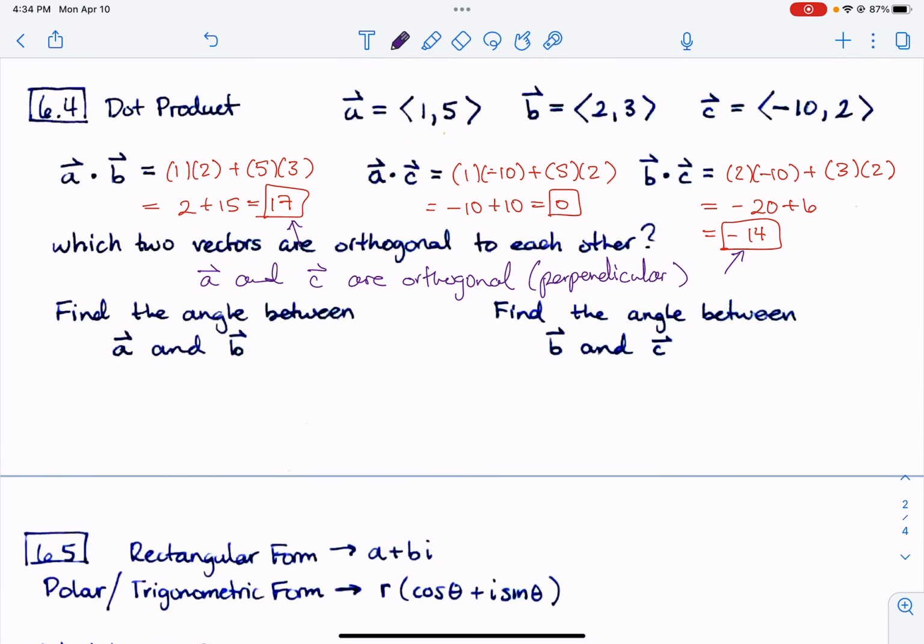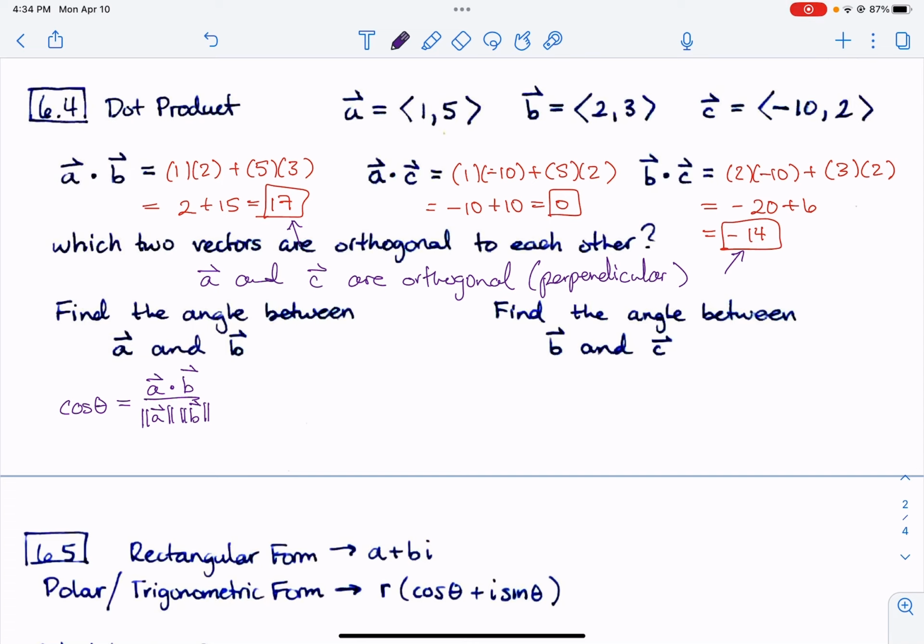Let's find the angle between A and B. What was the formula? The formula was cosine of theta, the angle in between, is A dot B over the magnitude of A times the magnitude of B. So that's the angle between formula. Remember, this only gives you cosine of the angle, so you have to take the inverse cosine at the very end.